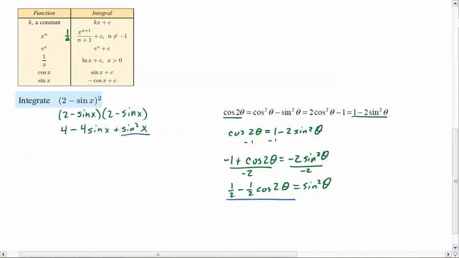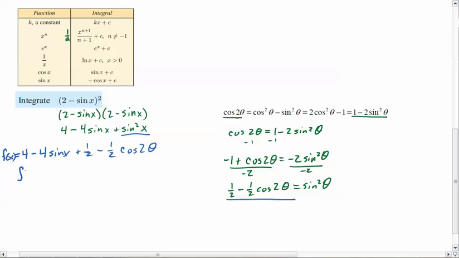And so I'm going to rewrite it now as 4 minus 4 sine of x plus 1/2 minus 1/2 cosine of 2 theta. Now, of course, this is the original function, and so what I want to do is now integrate it. So I'm going to find the integral of all of this. And so I'm going to go ahead and use that property that allows us to break it up.